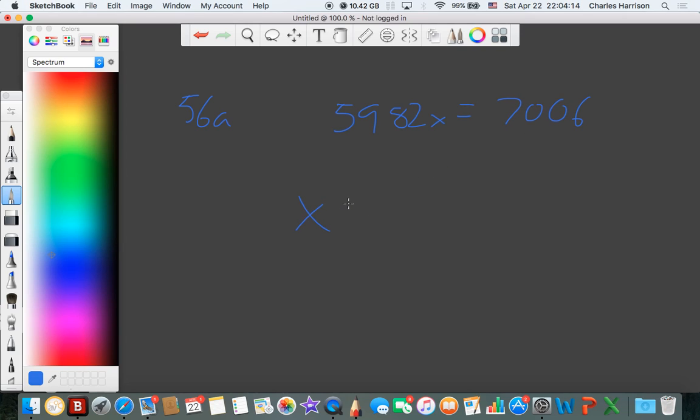All right, well, that's just x equals 7,006 divided by 5,982. I was trying to teach you something full circle. I was trying to get you to understand the big picture, okay? But if I confused you, all you need to do is divide this. And you use long division. I'm not going to do it because I don't want to, and I'm just going to round and use my calculator, and it's 1.17.